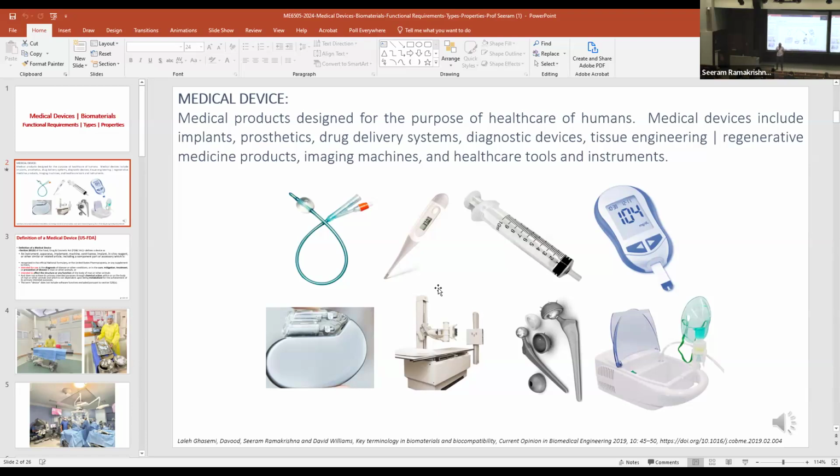They include implants, prosthetics, drug delivery systems, diagnostic devices, tissue engineering, regenerative medicine. I think some of you, those doing PhD, might be doing that kind of work. But in this year, I'm not presenting a tissue engineering lecture.